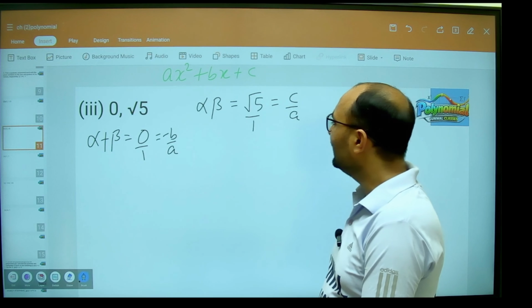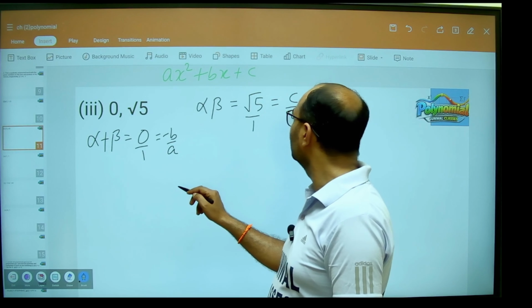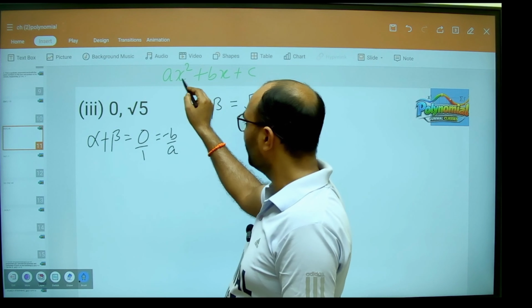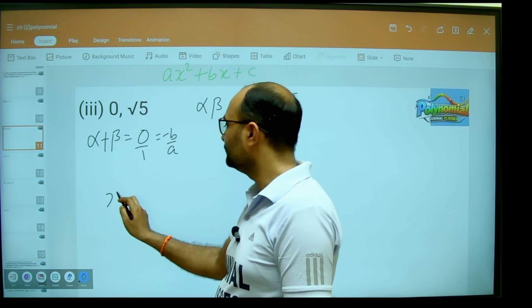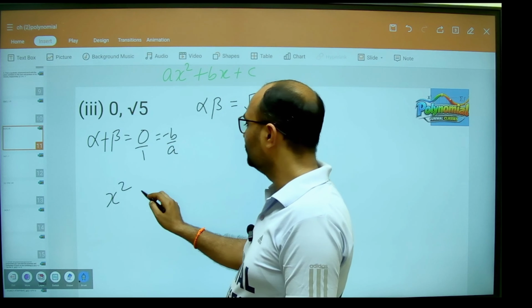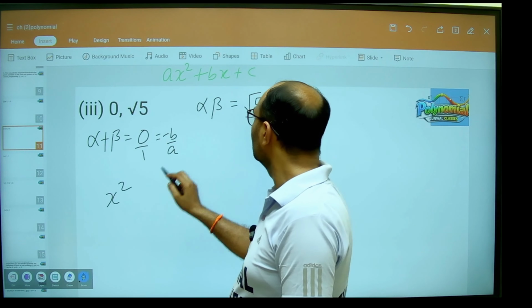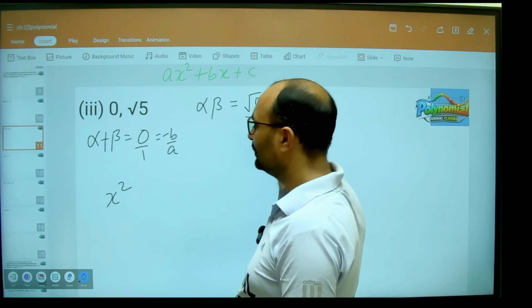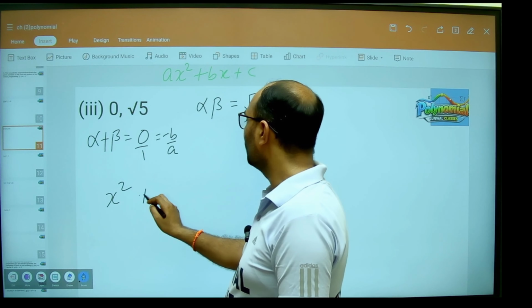So you will write this as a is 1, so 1x square, b is 0, no need to write the middle term, c is, what is the value of c? Root 5, positive root 5.